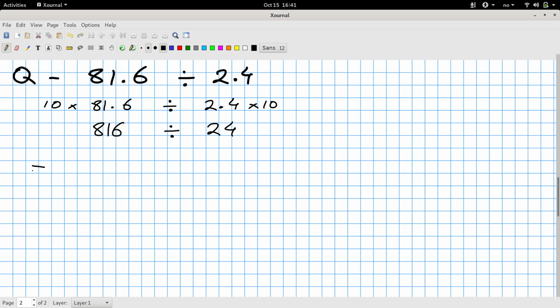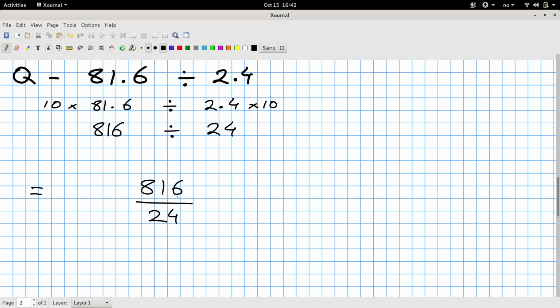So 816 divided by 24, right? Good. Now we start dividing. We know both of these numbers, on top and bottom, are even numbers because they end with even digits. So that means they can be divided by 2.